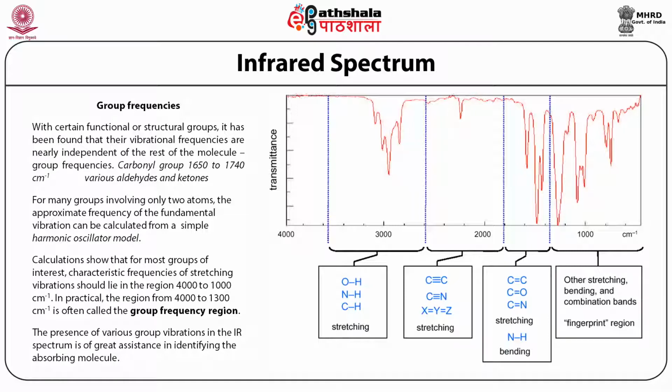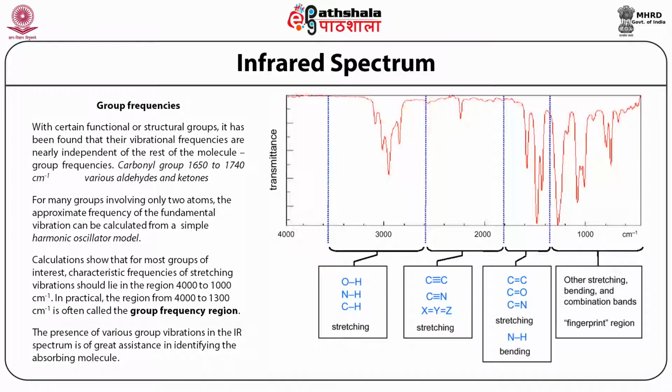For example, the carbonyl group has a frequency of 650 to 740 per centimeter, and varies for the various aldehydes and ketones. For many groups involving only one atom, the approximate frequency of the fundamental vibration can be calculated from a simple harmonic oscillator model.